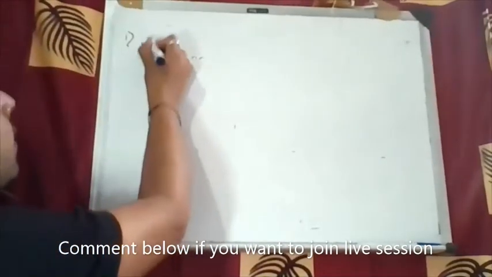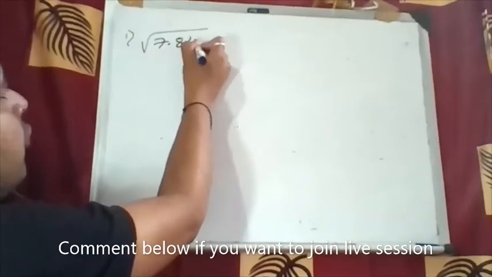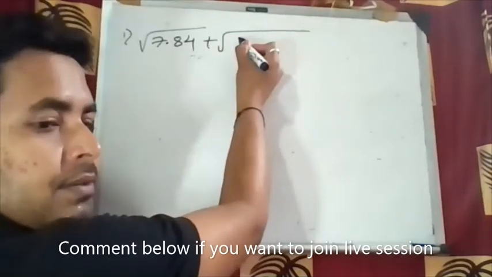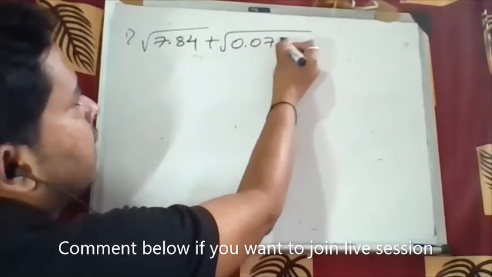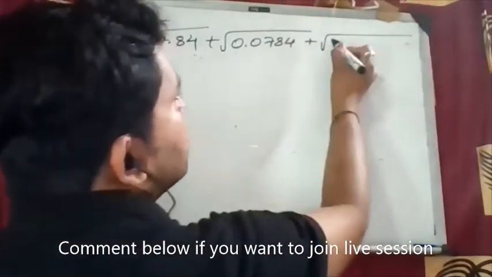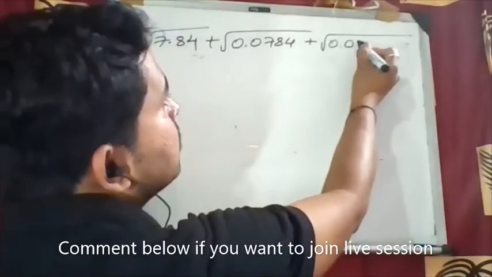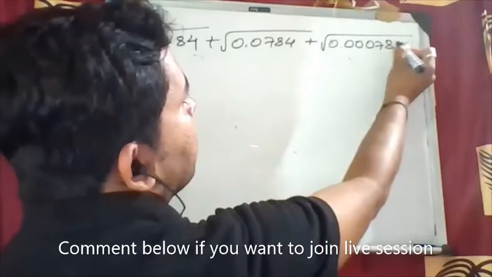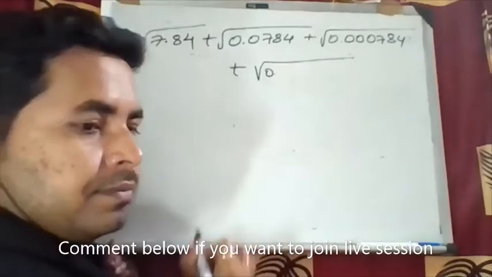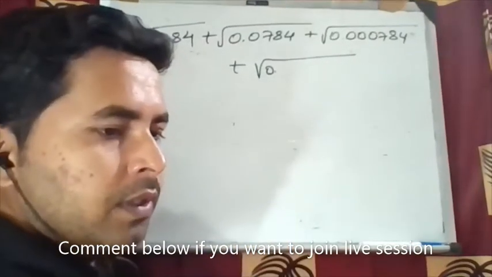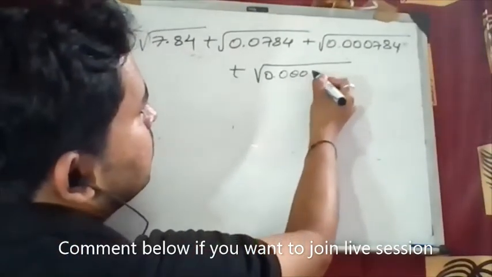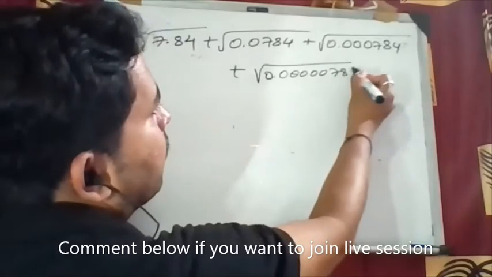Take one example: 7.84 plus 0.0784 plus 0.000784 plus the square root of 0.000784.